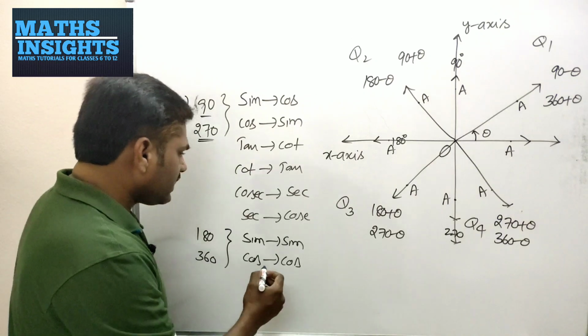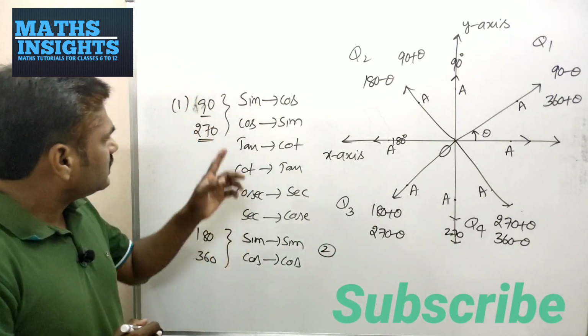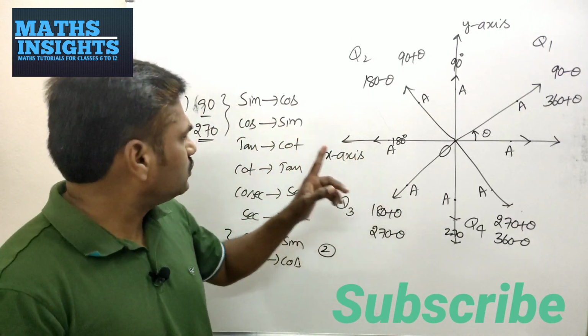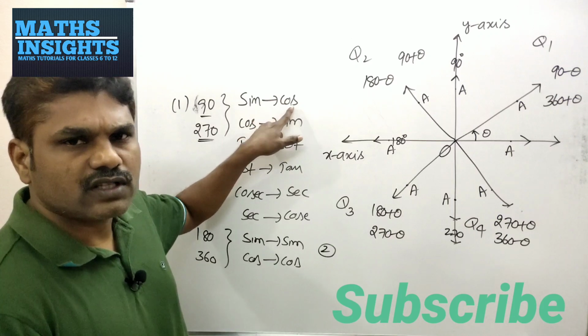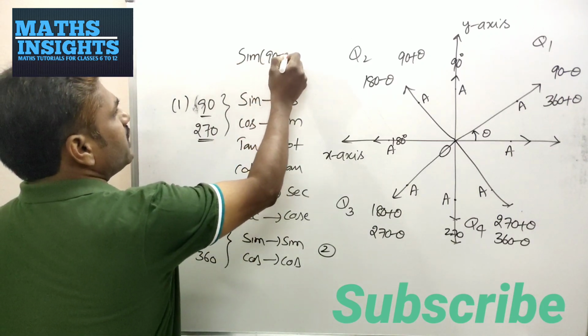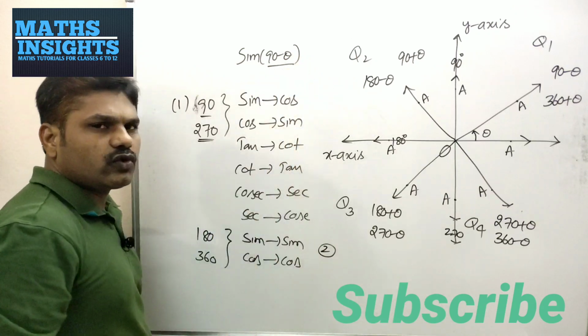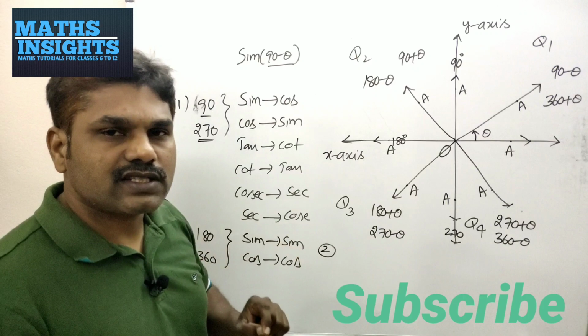And coming to the second point, this is very important. You know sin 90 plus theta, so 90 is coming, sin is becoming cos. Suppose for example I want to know sin 90 minus theta. You have to identify in which quadrant this 90 minus theta lies.